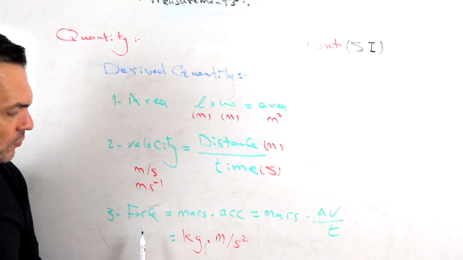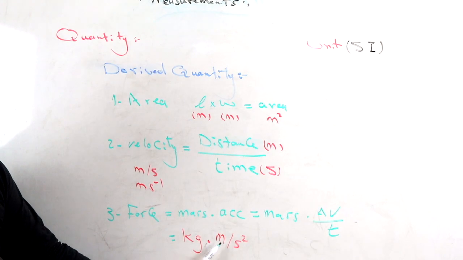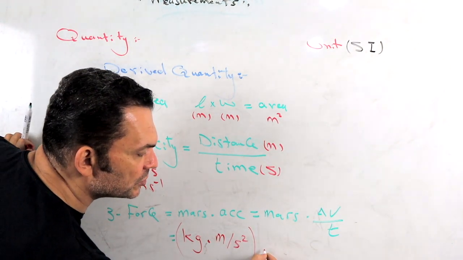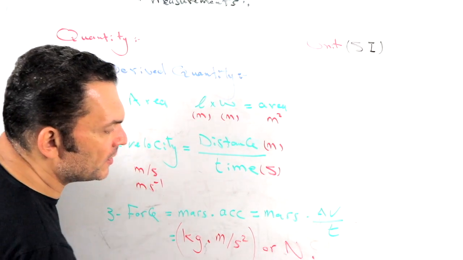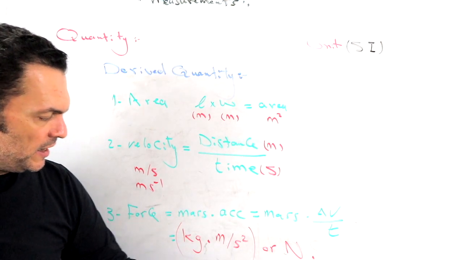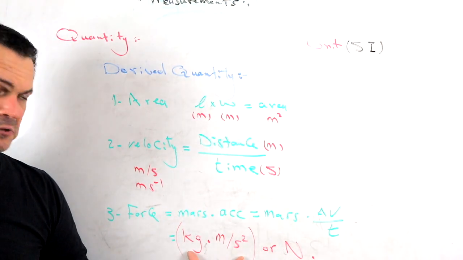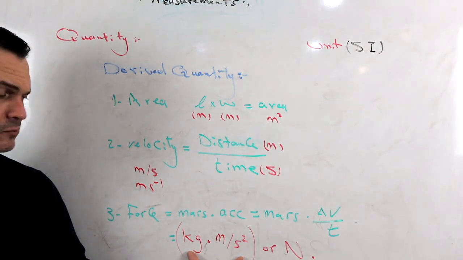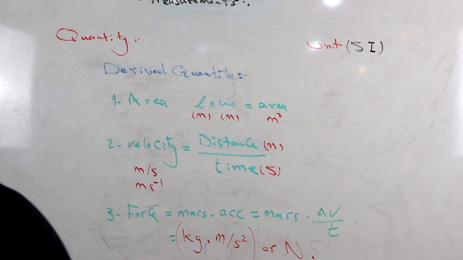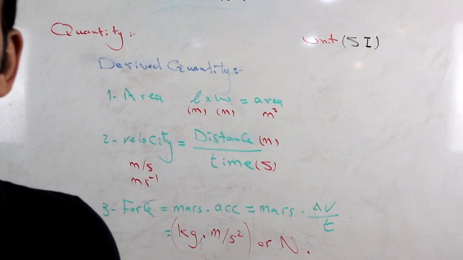So the measuring unit for the force is kilogram meter per second squared, and altogether we could give it a name which is Newton. So remember, this is the unit of the force, and this is the unit of the force also. These two units have been given to the force.